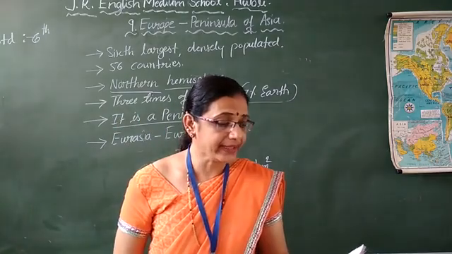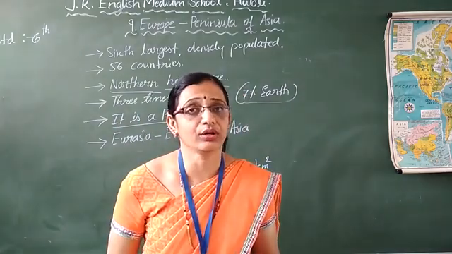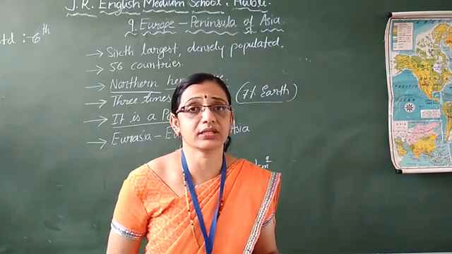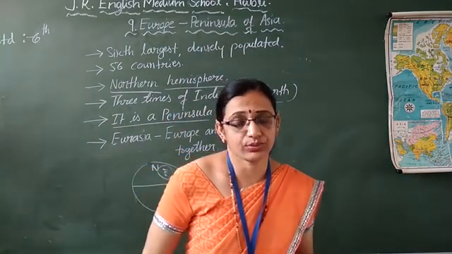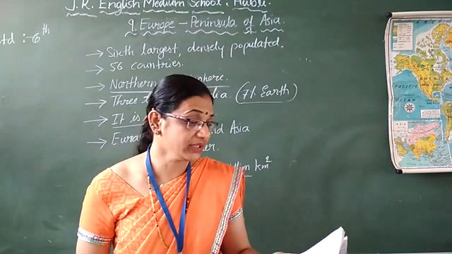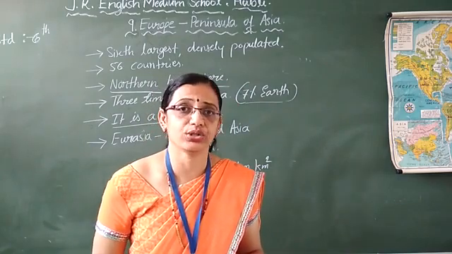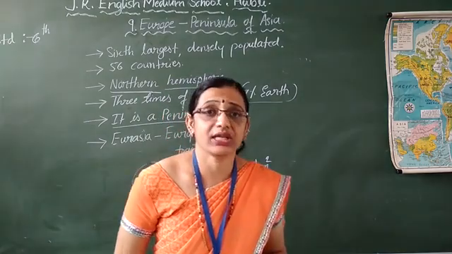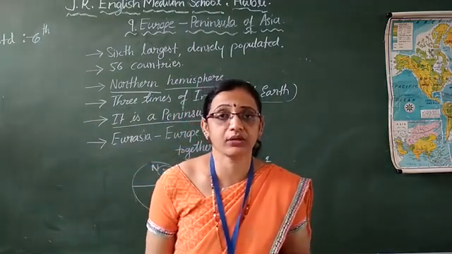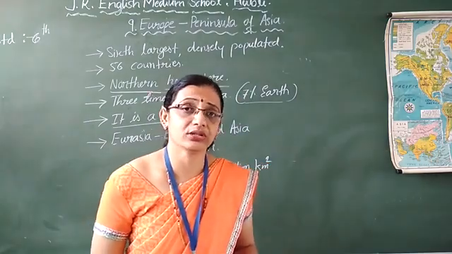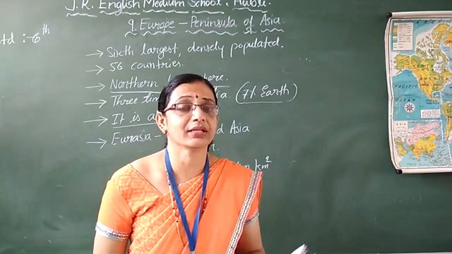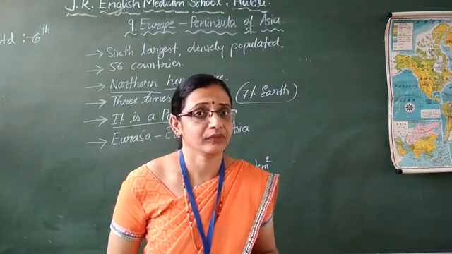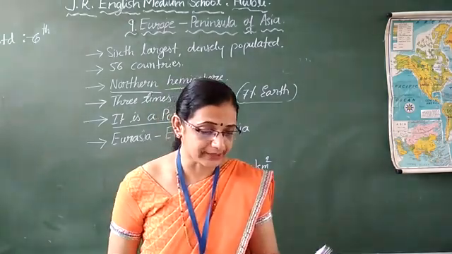The Barents Sea in the north of the Europe continent, the Mediterranean Sea in the south, and in the west the Atlantic Ocean, and on the east side the Asia continent. Asia is towards the east of Europe, and in the south it has one more continent, Africa. That one I will show on the map, children.